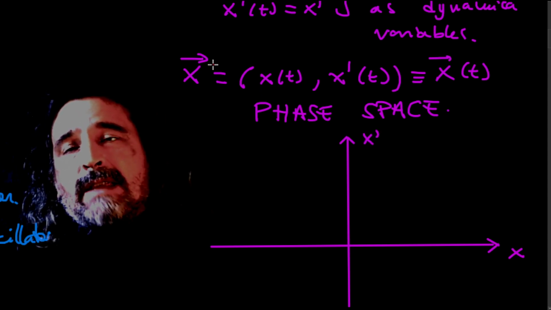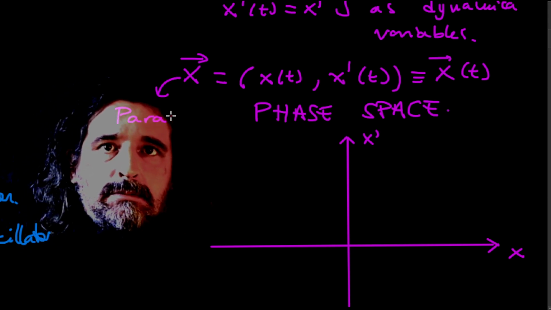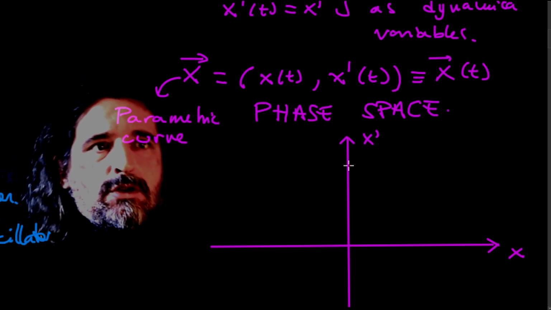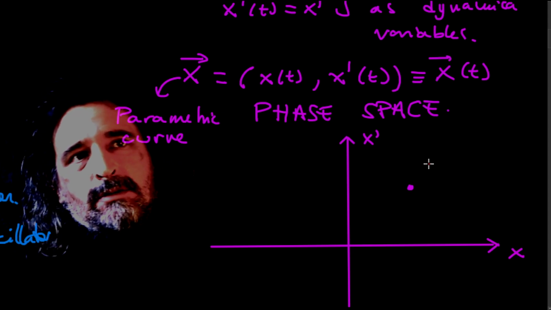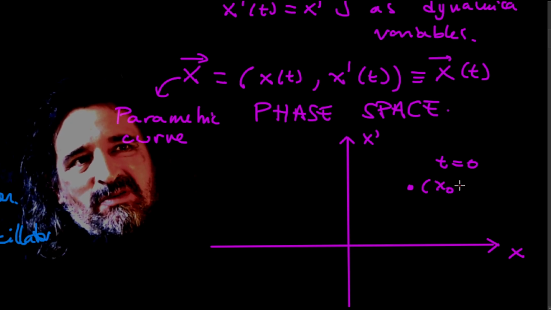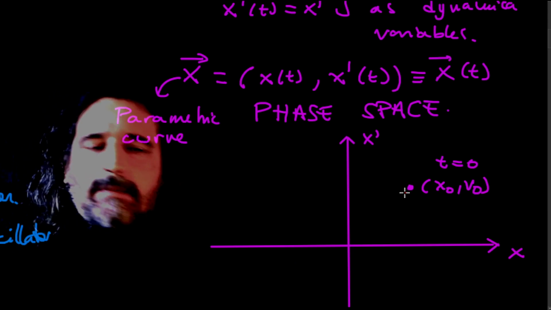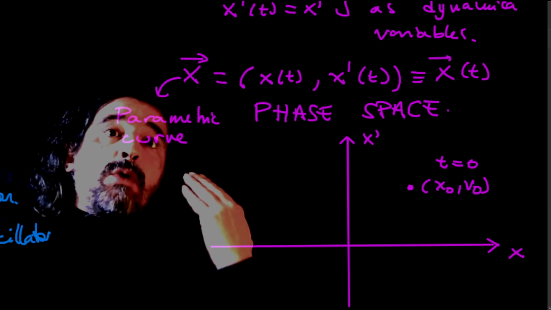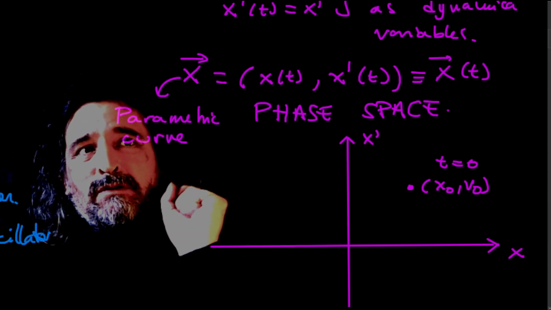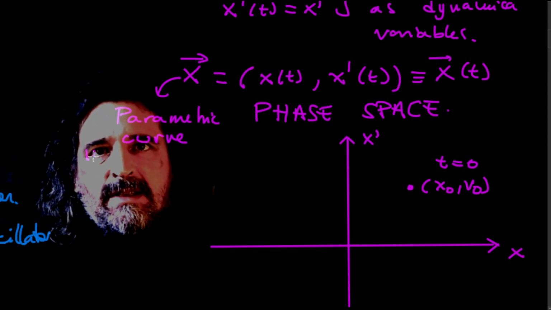Whenever you have a point like this, if you took Calc 2, this is called a parametric curve. You might be at t equals 0, that will be the point x naught, v naught. And then that is going to change as a function of time. So what would be the shape of this parametric curve? The trajectory in phase space. This parametric curve is also called phase space trajectory.